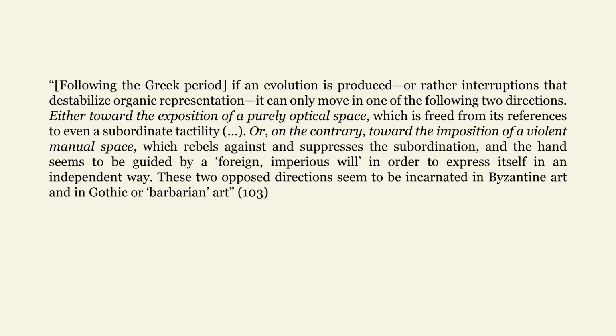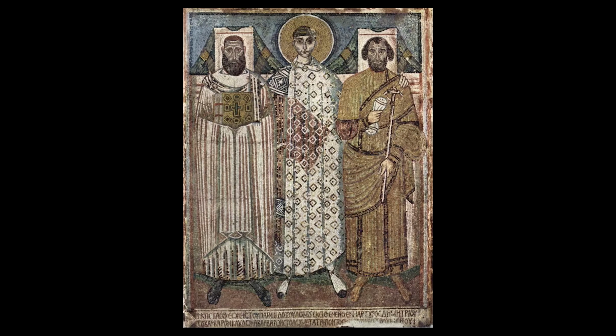Either toward the exposition of a purely optical space, which is freed from its references to even a subordinate tactility, or on the contrary, towards the imposition of a violent manual space, which rebels against and suppresses the subordination, and the hand seems to be guided by a foreign imperious will in order to express itself in an independent way. These two opposed directions seem to be incarnated in Byzantine art and in Gothic or barbarian art. Let us examine these two cases.